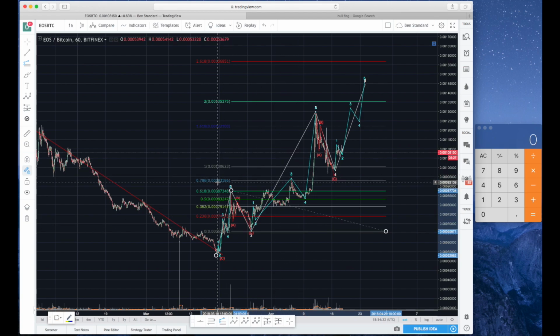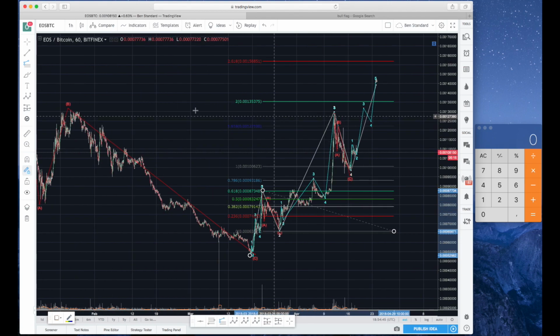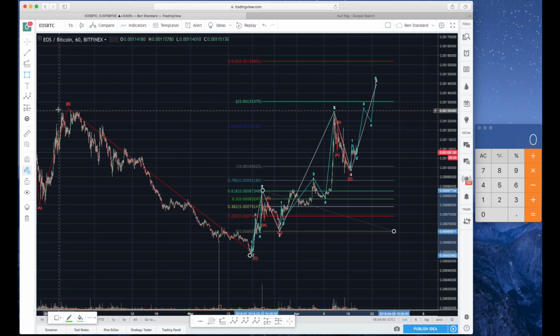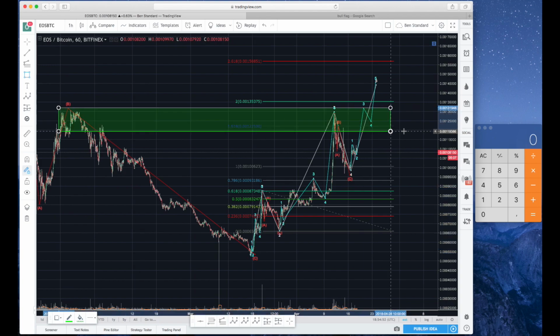And according to Elliott Wave theory, the third wave is usually 1.618 of the first wave, which is pretty accurate here. There's also a big resistance zone here that fits very well.